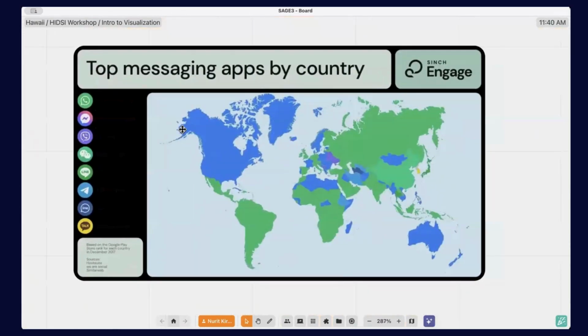This is trying to show top messaging apps by country. But look at the colors that this is using. Some of these are maybe more distinguishable.